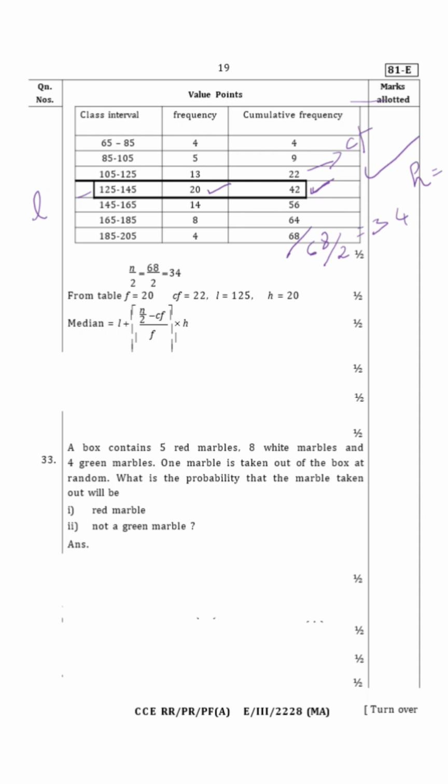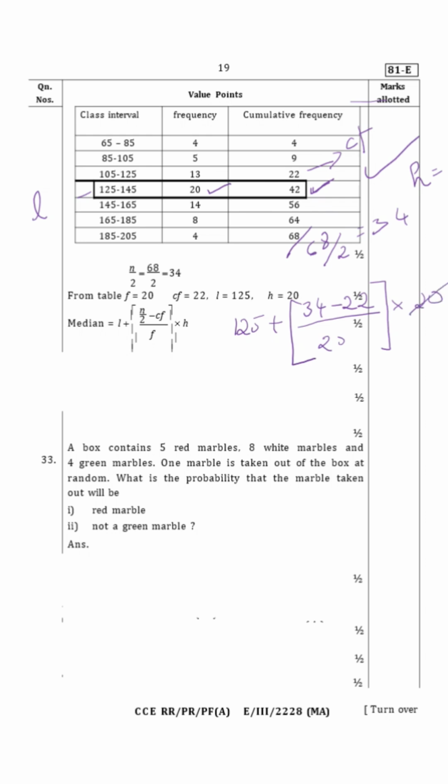Now let us substitute the values. L is 125, n by 2 is 34 minus Cf, cumulative frequency is 22, upon f is 20, size of the class interval is 20.